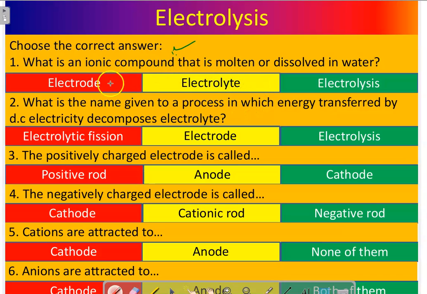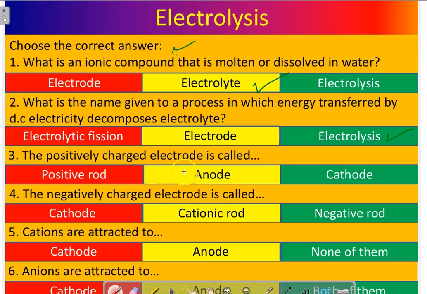So in question 1, what is an ionic compound that is molten or dissolved in water? The correct answer we know from our definition will be what? An electrolyte. Okay. Question 2, what is the name given to a process in which energy transferred by DC decomposes electrolyte? From our definition, that will be what? Electrolysis.